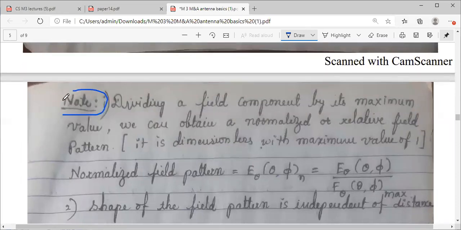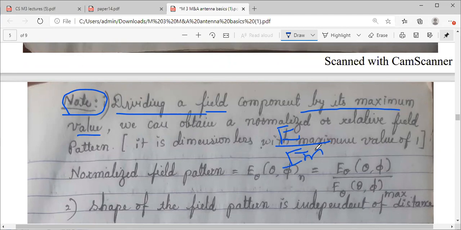Now moving on to the next, we will discuss how we can get the equation for these patterns. Generally, in mathematics you might have done these normalizations. What do you mean by normalizing? You reduce the terms. If I take one original value, here I'm taking the field value E, and if I divide that value by the maximum value, something like your marks percentage, we can obtain the normalized or the relative field pattern.